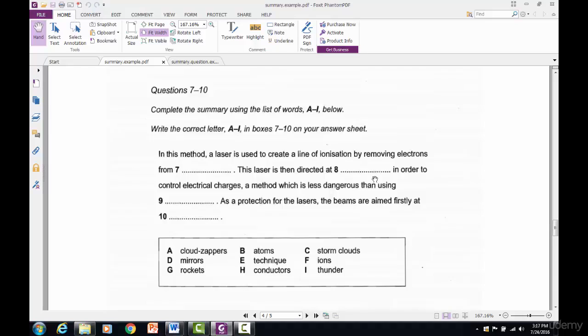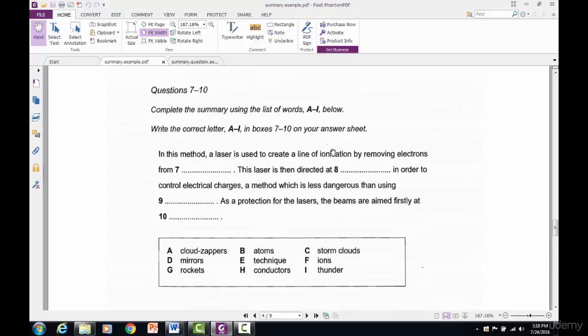Now, one thing I recommend that might be helpful, and I didn't say this when I gave you the strategy lesson, is that even though you're not going to do the summary question first, go ahead and look at the keywords in the summary question: electrical charges, ionization, lasers, laser beams, controlling electrical charges.